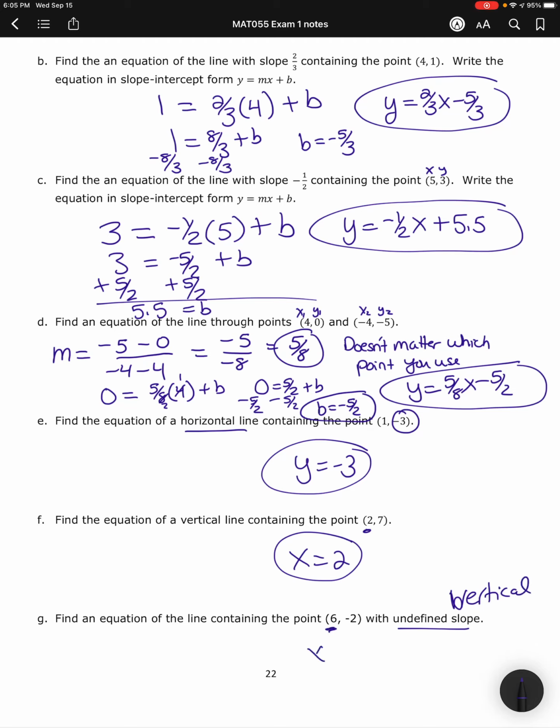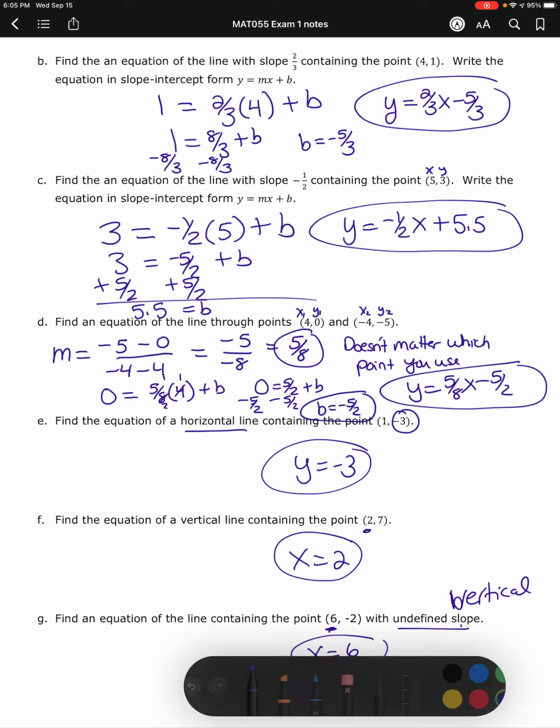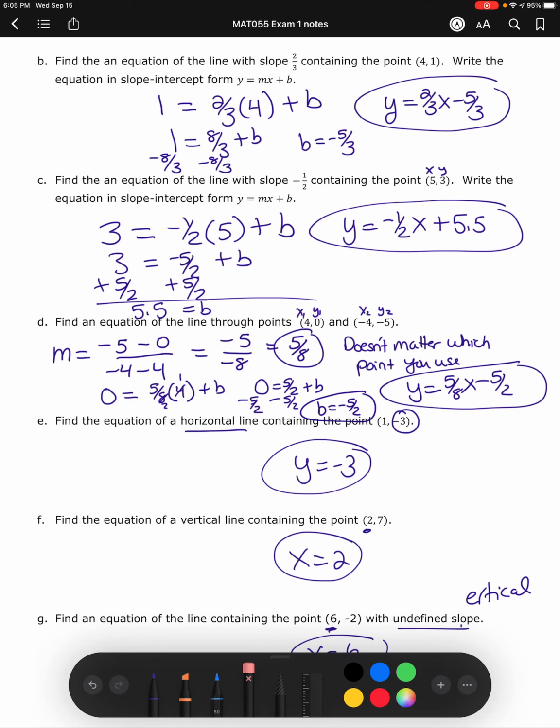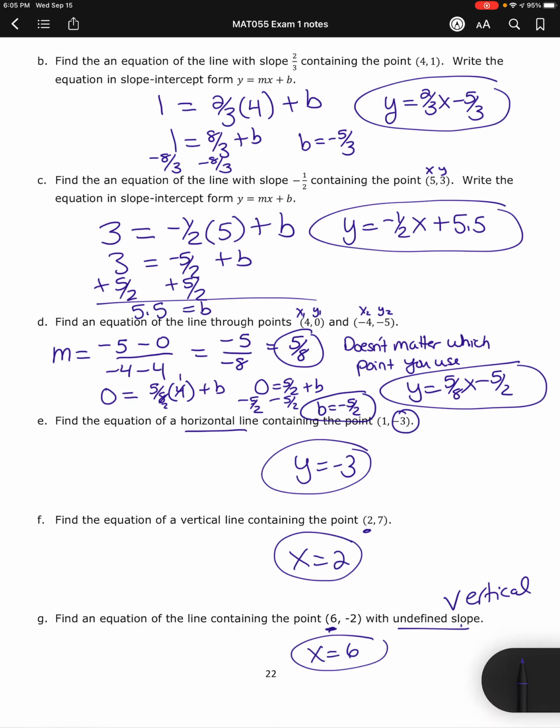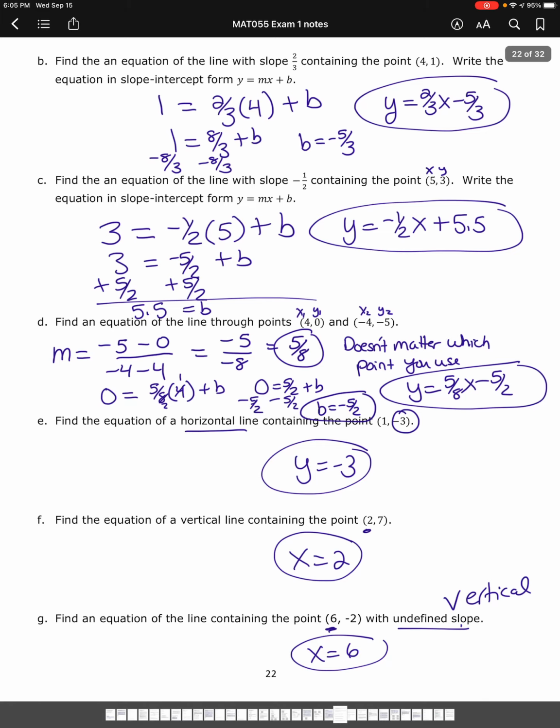So again, I look for my x value, and it's just x equals 6. It ends up undefined because all the x values equal 6, and if you do 6 minus 6, you're dividing by 0. So you can remember that, or just remember that those are vertical lines with undefined slope.